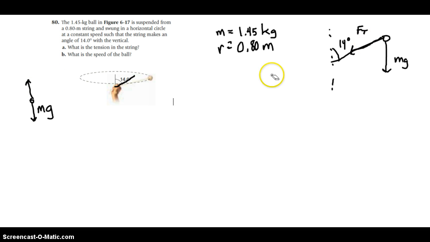And if we look at this angle over here of 14 degrees, I didn't draw it very well, but that's also telling us that this other angle is going to be 86 degrees. So the upward vertical component of tension is going to be the magnitude of tension times the sine of the angle 86.